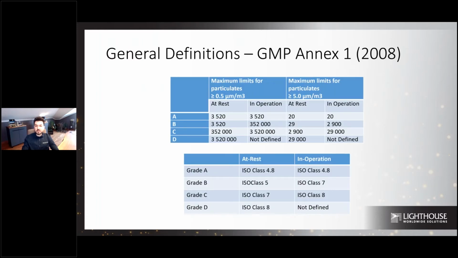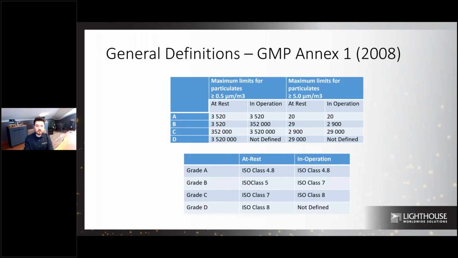The 2008 version of GMP Annex 1 is giving you A, B, C, and D as at rest and in operation table. We all know that. In ISO conditions, we are not considering at rest and in operation. In fact, you might expect to have different ISO classes for different occupancy states of your cleanroom. For example, you can say in at rest, I'm going to classify this room as ISO class 7, but in operation it will be ISO class 5.